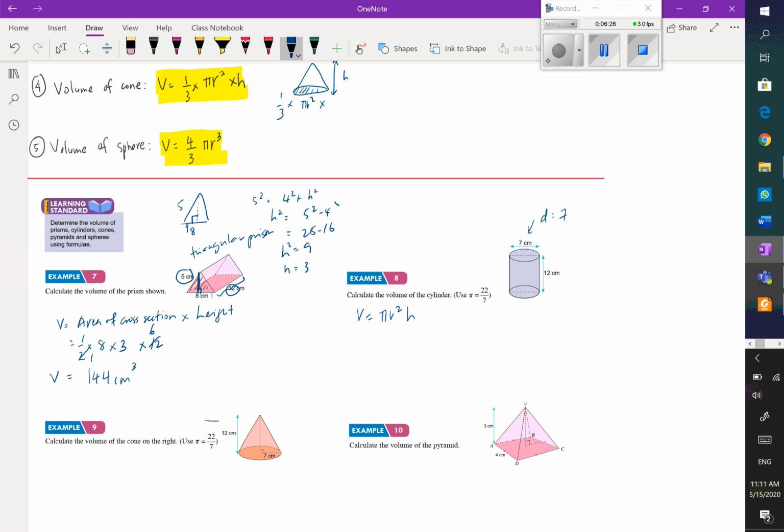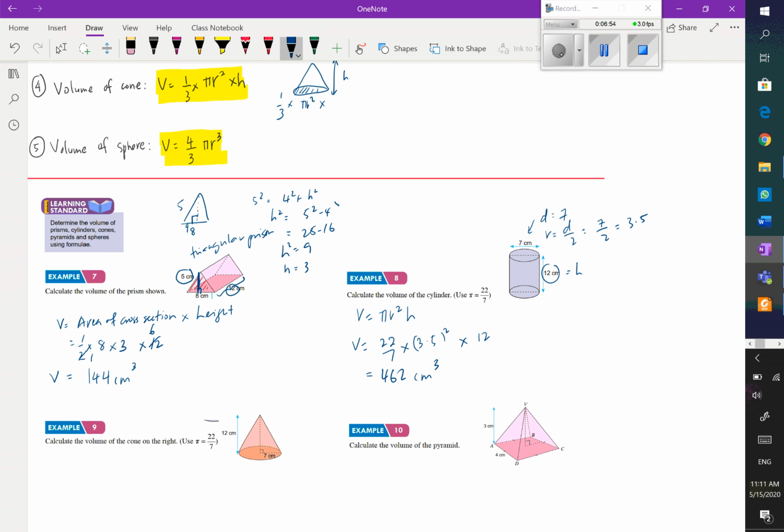So to find radius is diameter bahagi 2. So 7 bahagi 2 dia akan dapat 3.5. So dah ada radius. 12 ni apa? Tinggi dia. So boleh direct masuk dalam formula. Radius 3.5 kuasa 2 darab tinggi awak 12. Kira dah guna kalkulator. Dia dapatlah 462 cm cube.